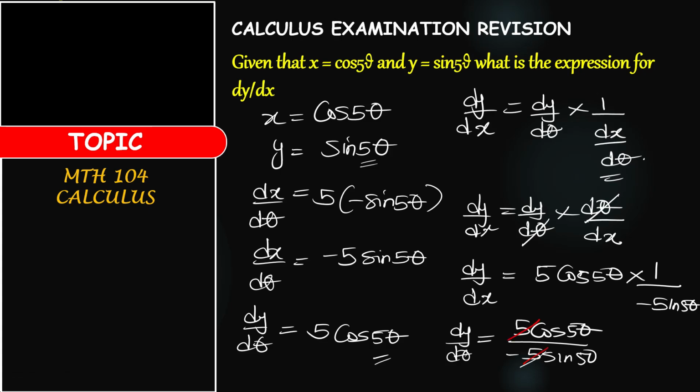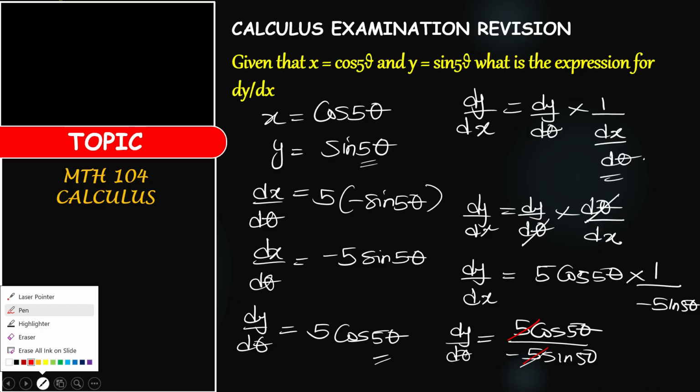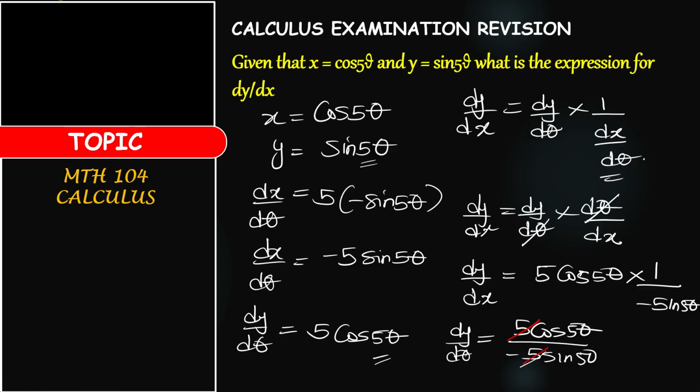So we are left with cos 5θ divided by sin 5θ. And cos 5θ divided by sin 5θ is going to give us minus cot 5θ, because cos θ over sin θ will give us cot θ.